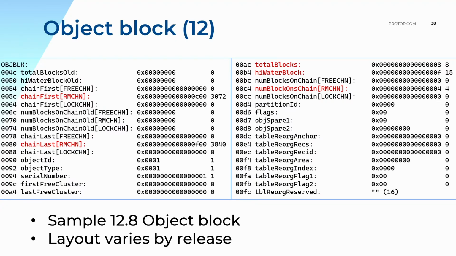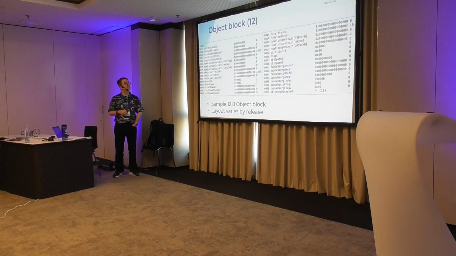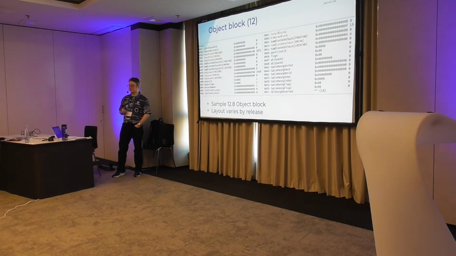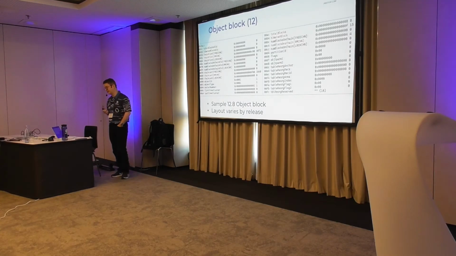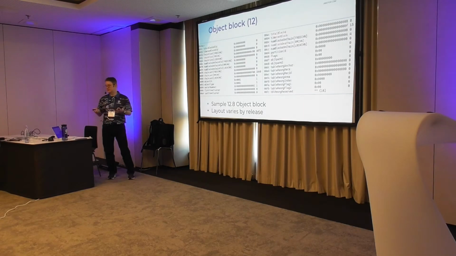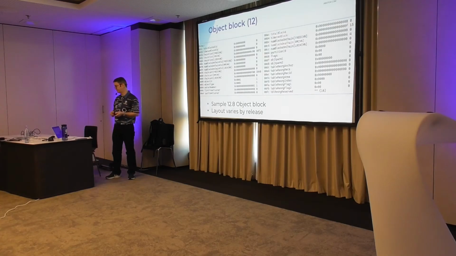We've got the first chain, the first DB key on the RM chain, the last one, the number of blocks on the RM chain, the total number of blocks in the object, the block at the high watermark, which for some reason is expressed as a block number, not an address. Don't know why. Mike probably does. And again, in later releases, you're going to see more fields.